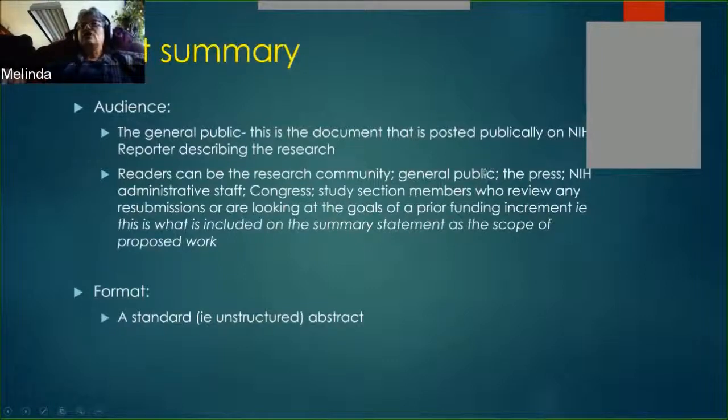It's also just the general public. The general public can be people like the press. It can be members of Congress or the congressional staffing. So with project summaries, you have to be careful that the way you state and word things isn't going to trigger the general public. Sometimes people don't pay a lot of attention to writing these, and they'll use key terms or say things in certain ways that might trigger concerns about wasteful federal spending.